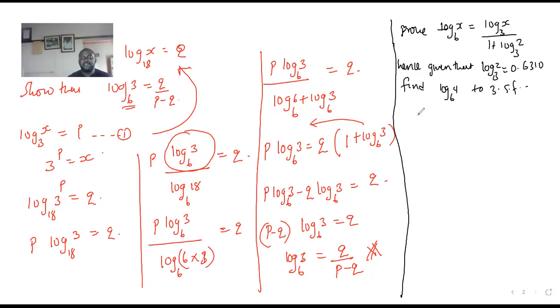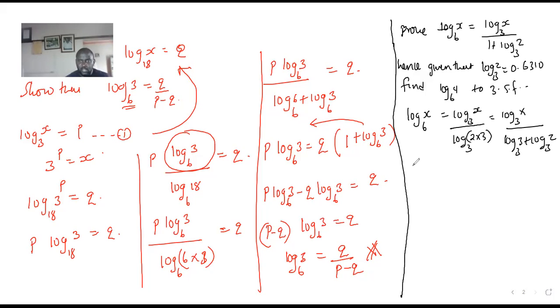So the first bit is to simplify. Because you see all of them have base 3, they're asking you to put everything in terms of log to base 3, which will be log base 3 of x, all divided by log base 3 of 3 plus log base 3 of 2.